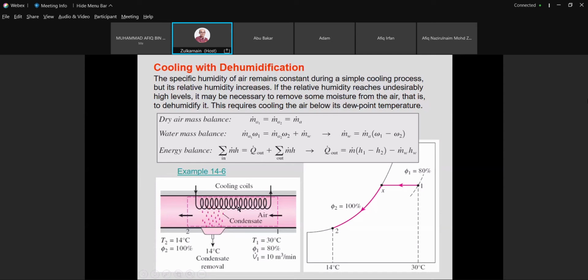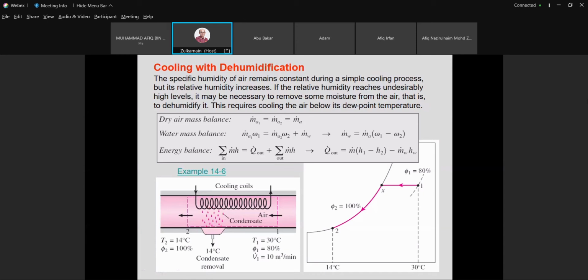If you look right here, assuming that this duct is insulated, meaning that the air will reject heat to the cooling coil, which is the refrigerant flowing inside the cooling coil. The cooling coil will pick up the heat of the air.